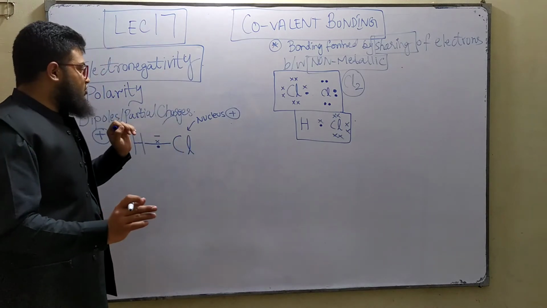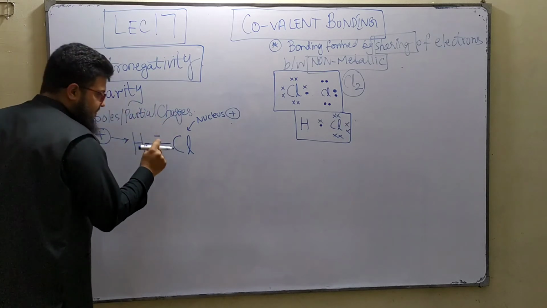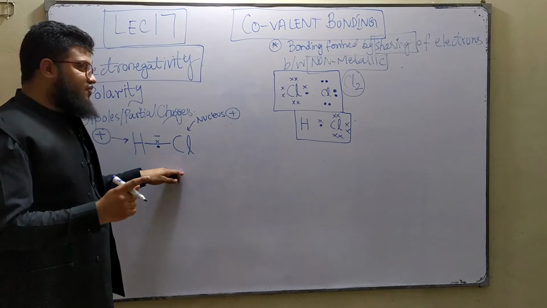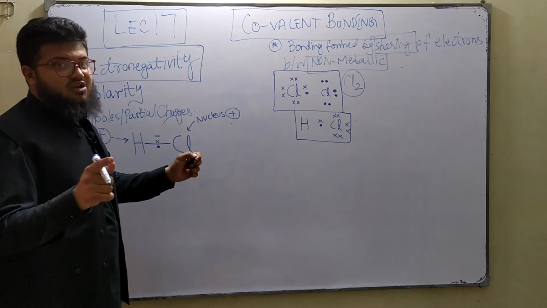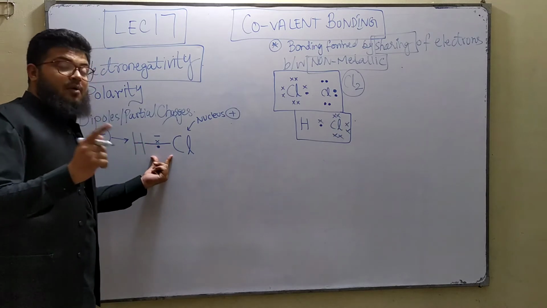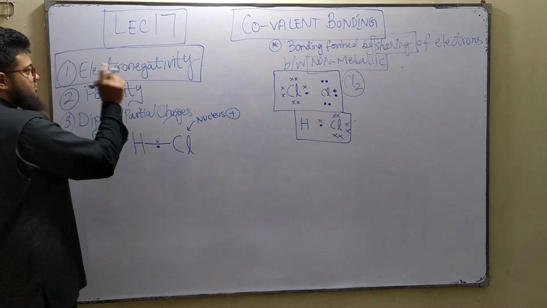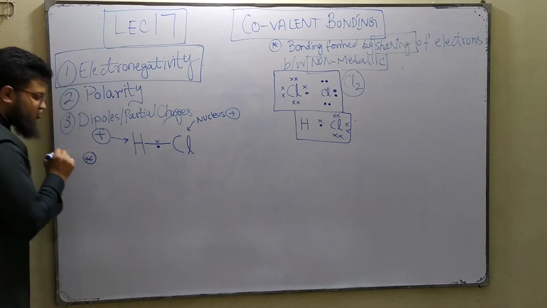This is the definition of electronegativity, that the relative ability to pull the bonded pair of electrons towards itself is known as electronegativity. If we are pulling some free electron, that ability is not going to be electronegativity, okay, the pull on the bonded pairs is going to be your electronegativity. First of all, this was the concept of electronegativity. I'll just quickly note it down over here. What is electronegativity?